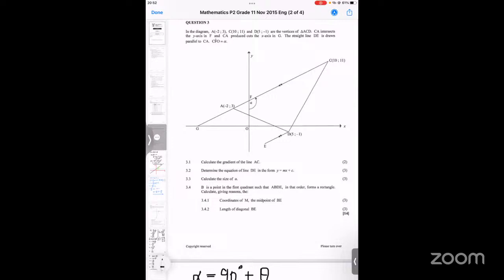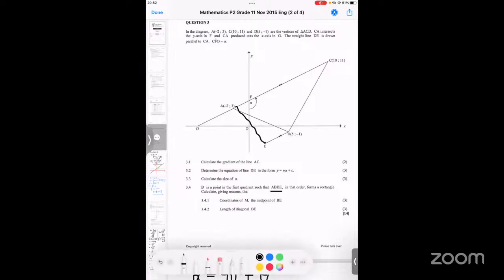They say if B is a point in the first quadrant such that A, B, D, E in that order forms a rectangle. You must firstly know what a rectangle is. And then maybe I will say a rectangle should be connecting with that.